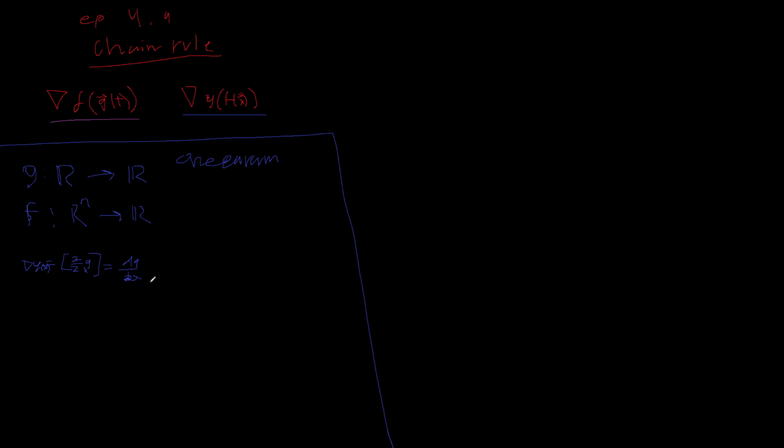Then we just apply g prime of f of x and multiply. It's the same rule here. Now we just put this nabla off to the side. So that's pretty simple. That is equal to nabla g of f of x.